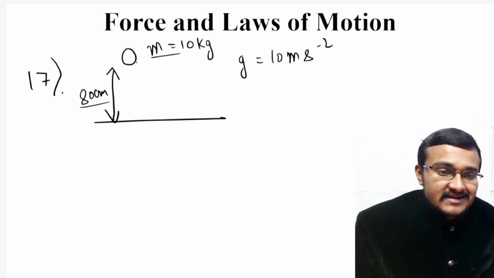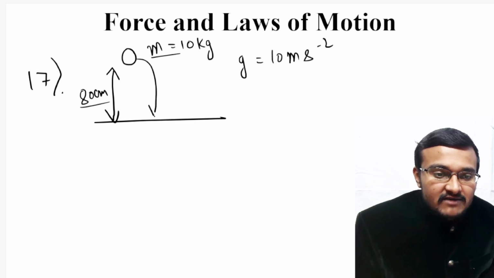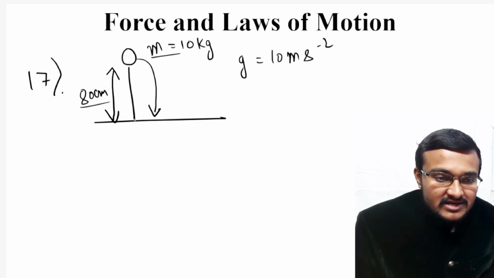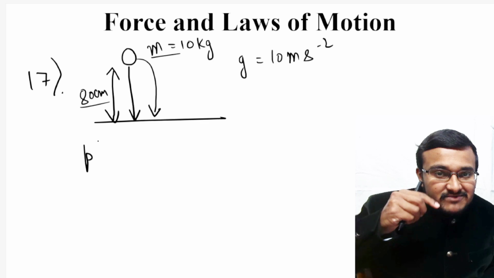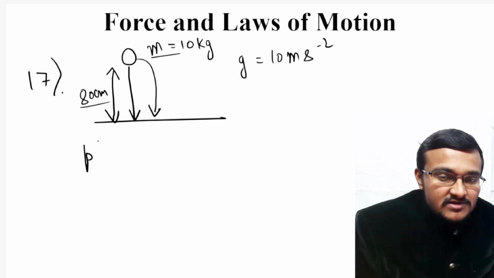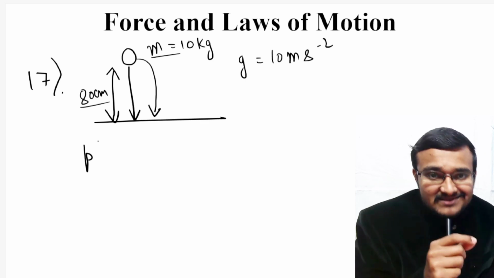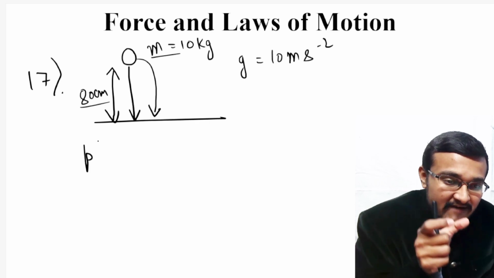Now you should calculate how much momentum this dumbbell will transfer to the floor when it is dropped onto the floor. So you have to calculate the momentum exerted by the dumbbell onto the floor. To calculate that, you require the final velocity.